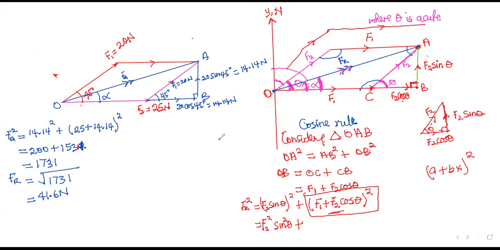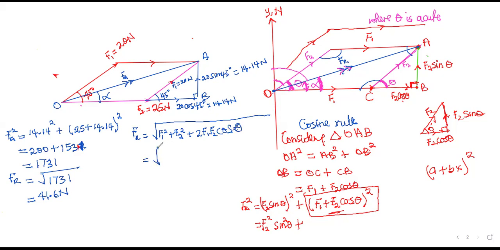Let's use the cosine rule. We had FR equal to the square root of F1 squared plus F2 squared plus 2F1F2 cos theta.